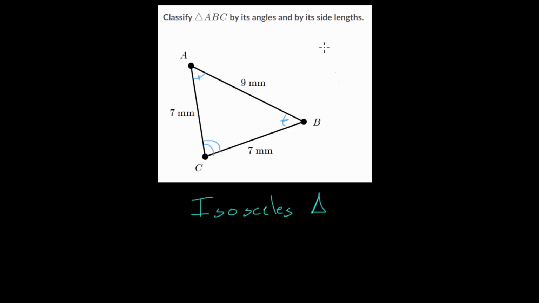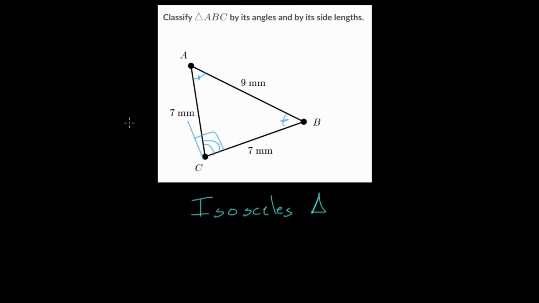Sometimes it's hard to tell with the picture. So what we need to ask is, is this angle bigger or less than 90 degrees? And if we try to draw a line in here that forms a 90-degree angle, it looks like this is less than 90 degrees.